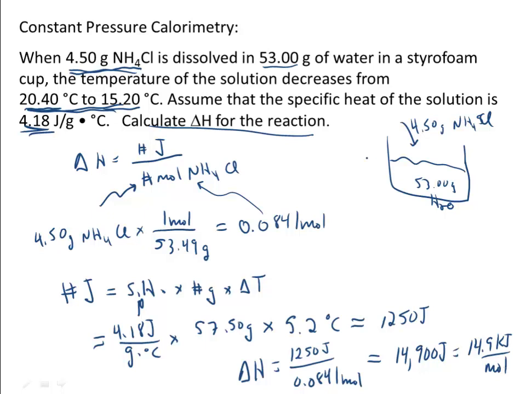Notice one thing you're assuming here is that the cup has no temperature change. What you're really assuming is that the cup doesn't absorb or give any significant amount of heat.